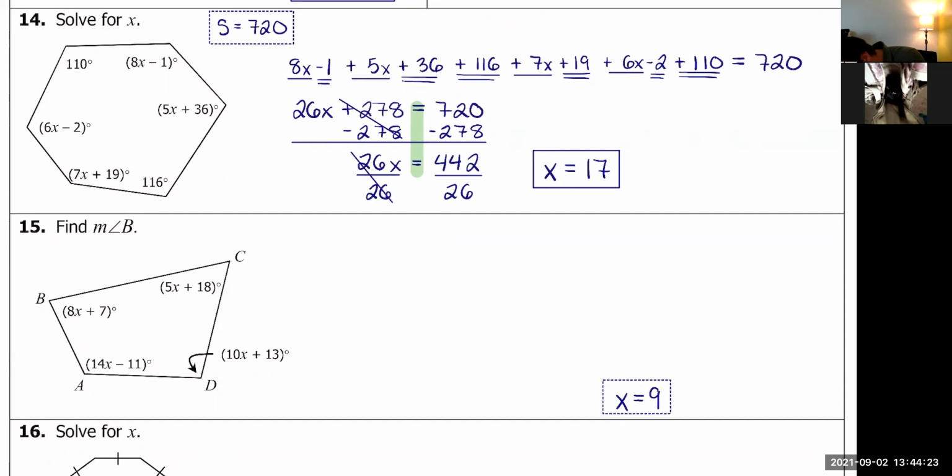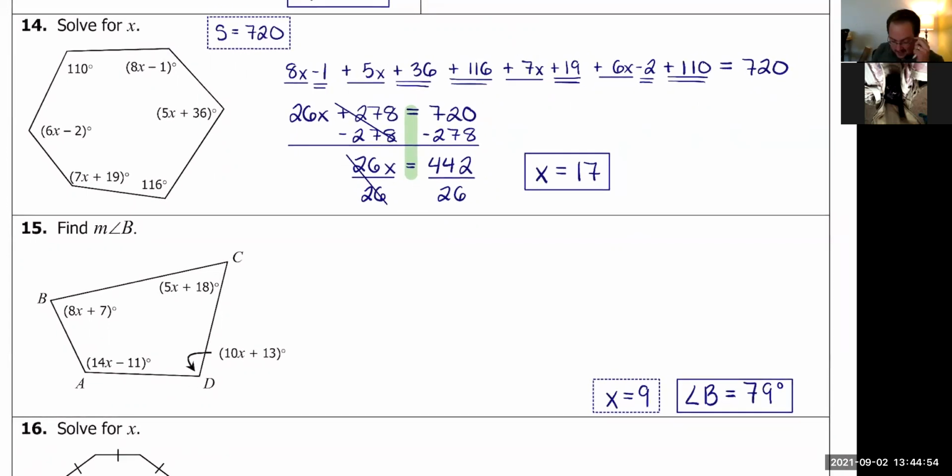But then make sure you don't stop there, because it's not actually asking you to find X, it's asking you to find the measure of angle B. And as you progress a little bit further, using that X, you should find out that the measure of angle B should be 79 degrees. Again, that one has fewer parts, so I don't feel too bad letting you work through that one yourself.